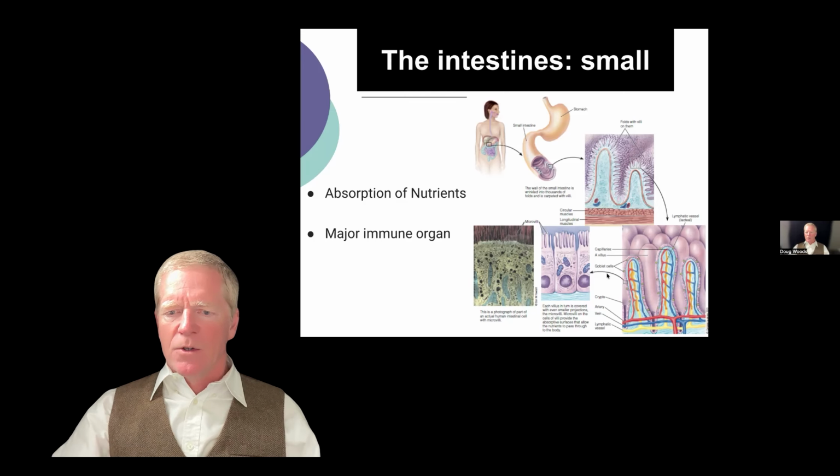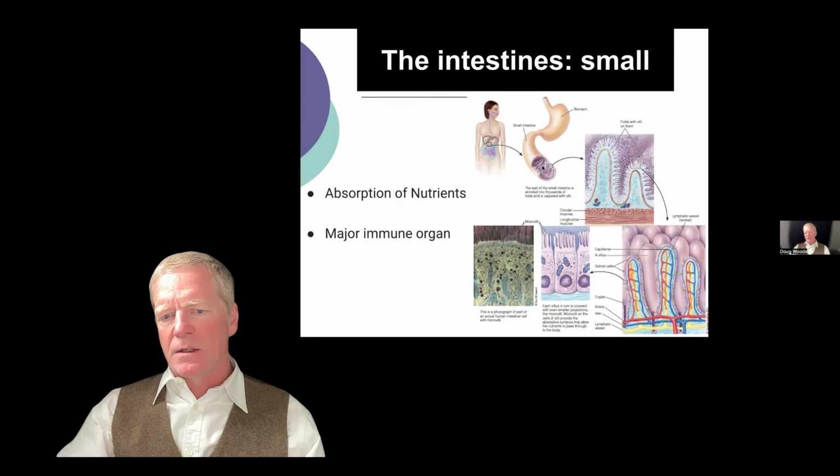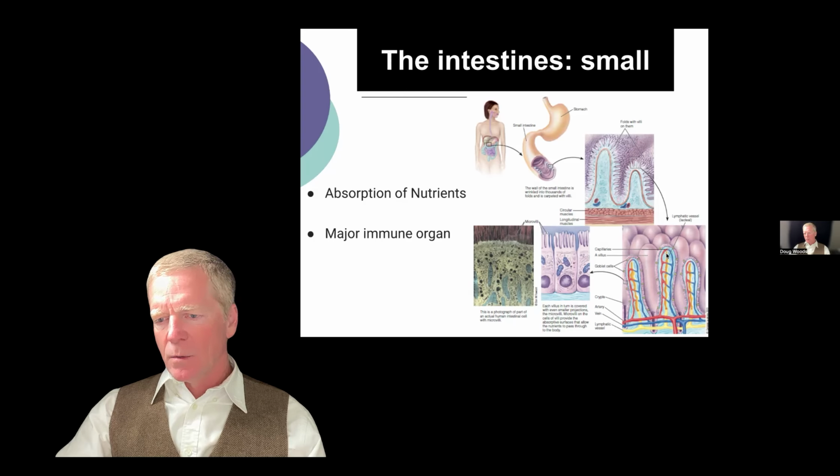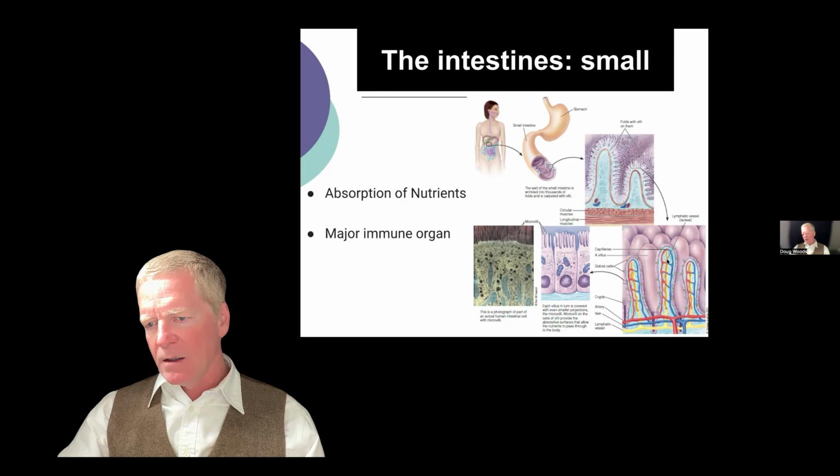Now, if you look closer at the structure of the lining of the intestines, you will see that there are villi, and again, these are cells lining each villus here. Each one of these is a cell, and there's vasculature here, capillary, vein, artery, and vein, along with a lymphatic vessel here, a lacteal duct.